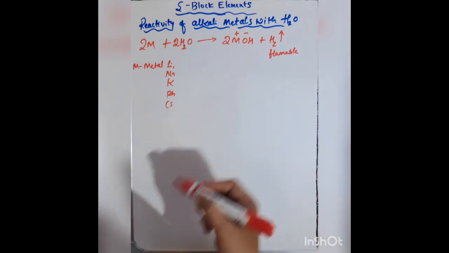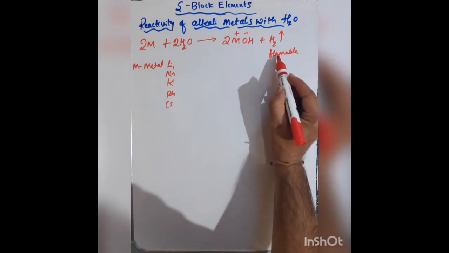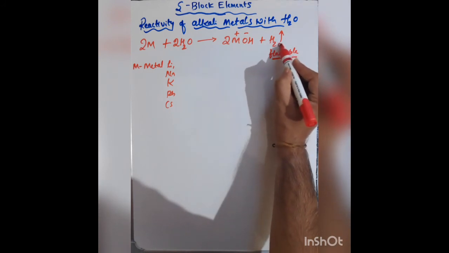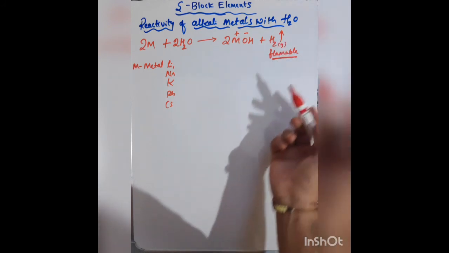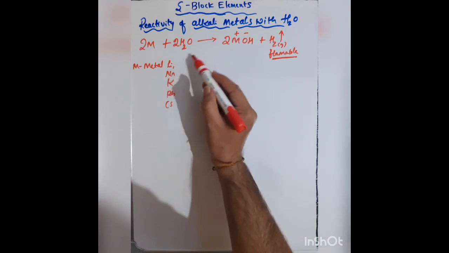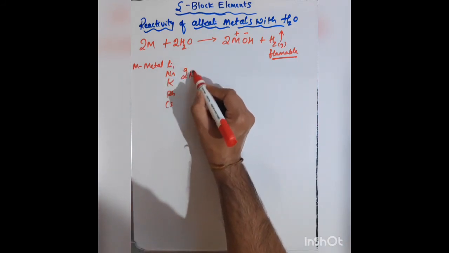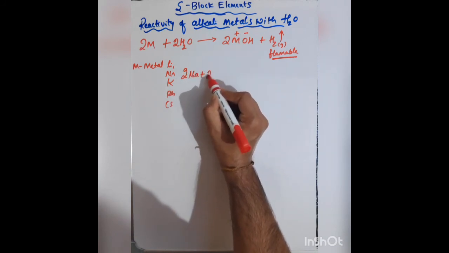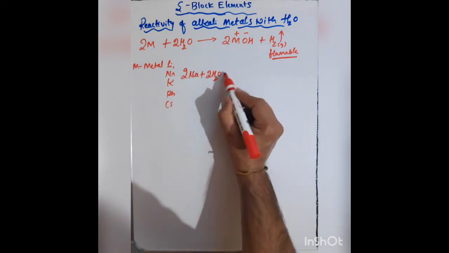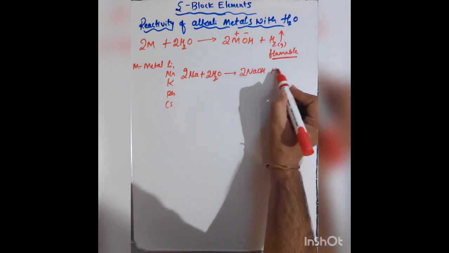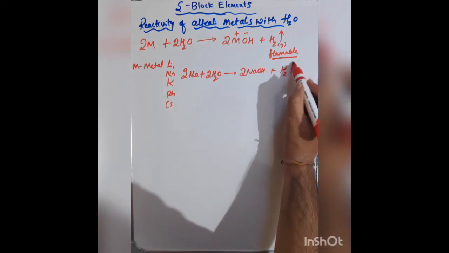Because of the liberation of hydrogen gas, there will be fire whenever we drop alkali metals in water. For example, I will take 2 sodium plus 2 moles of water, giving 2 moles of sodium hydroxide and 1 mole of hydrogen gas.